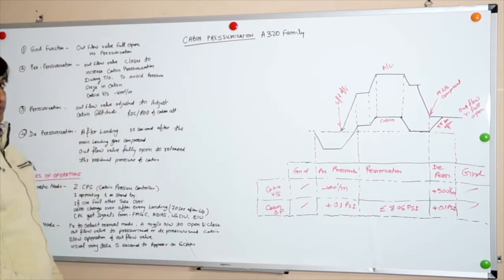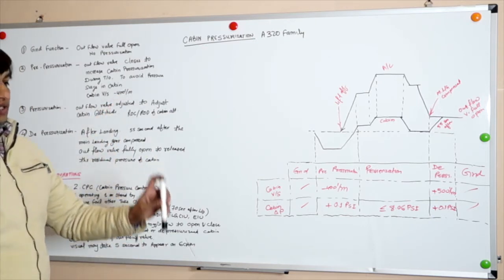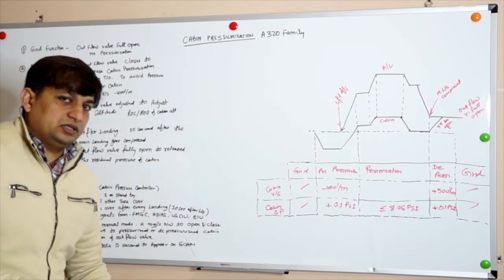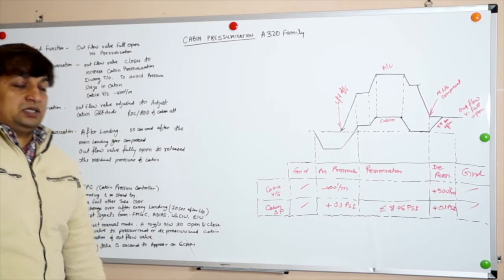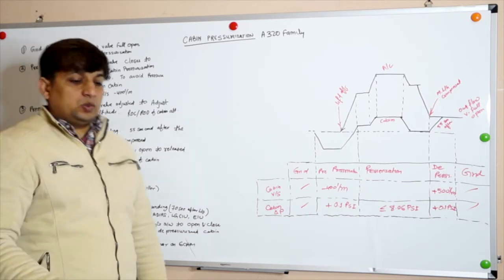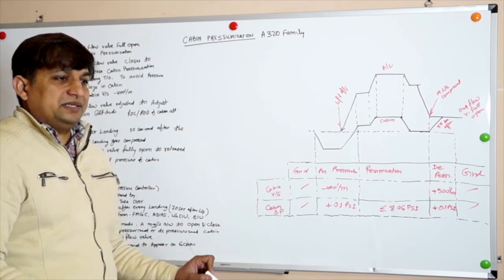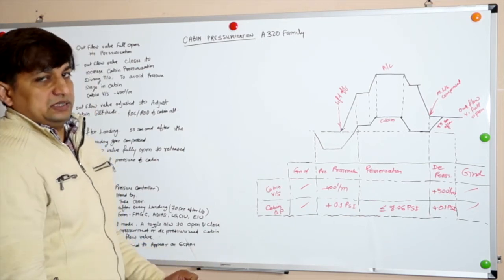Minus 400 feet means it will show that we are not even on the ground, we are below the ground level, because we increase the pressure above the ground pressure, so it will simulate that we are even lower than that.